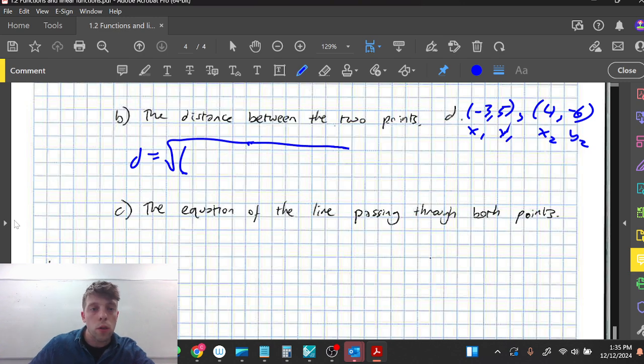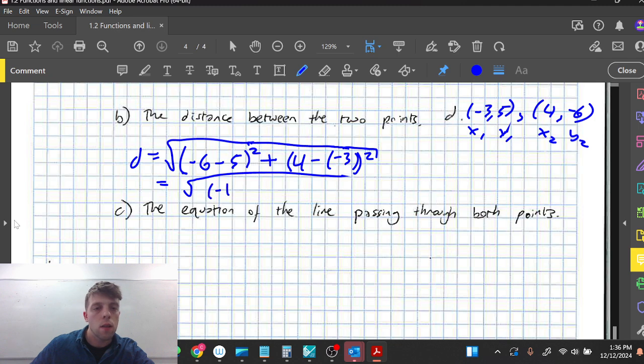So we have y2, which is negative 6, minus y1, which is 5, squared, plus x2, which is 4, minus negative 3, squared. Now, negative 6 minus 5 is negative 11. So we have negative 11 squared plus 7 squared. That's going to be equal to 121 plus 49.